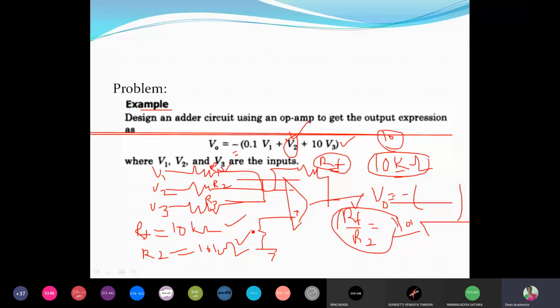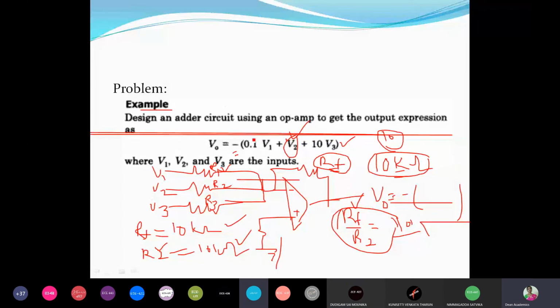Is it clear to you or not? Are you able to calculate the value of R2 from RF? Yes, ma'am. Okay, good. Now you tell me what is the value of R3. R3 equal to 100 ohms, ma'am. R3 is equal to 100 kilo ohms. 100 ohms, ma'am.